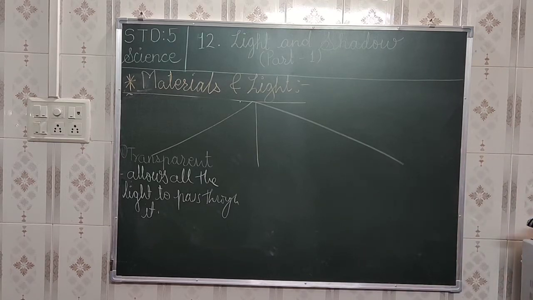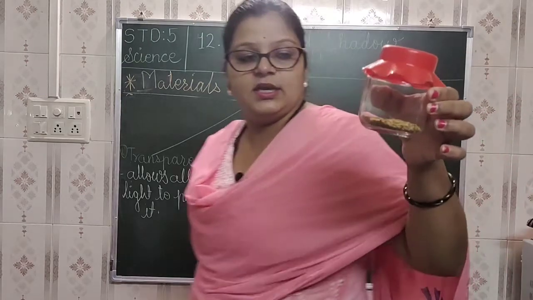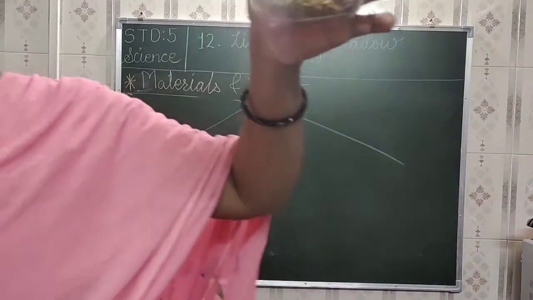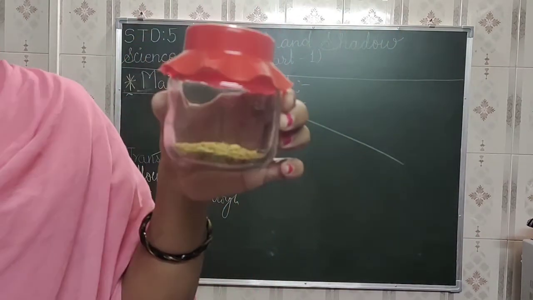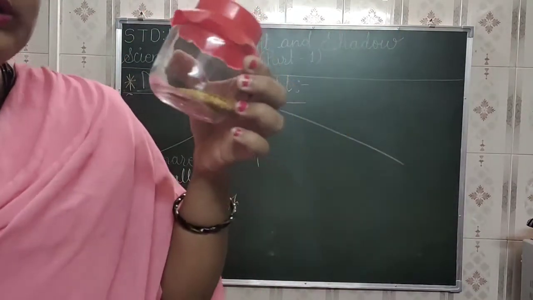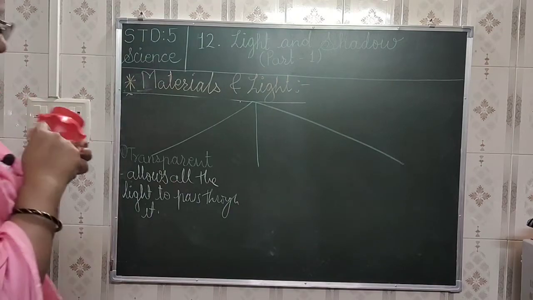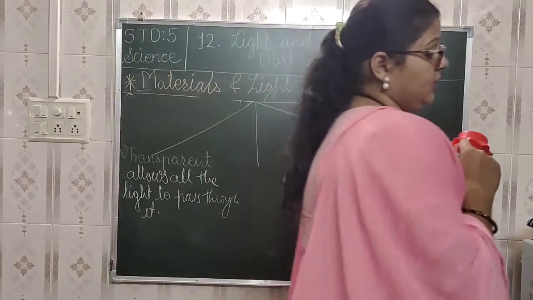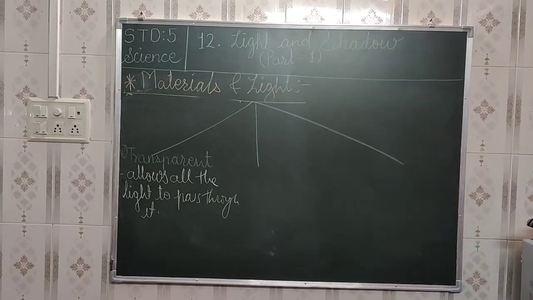I'll show you one glass bottle so that you can understand. See, I have this glass bottle. You can see what is kept inside it. Why? Because the light is allowed to pass through this glass bottle. Okay, so glass is one example of transparent material.